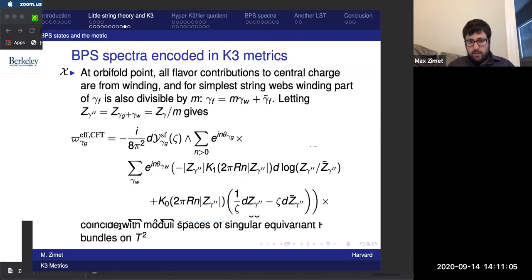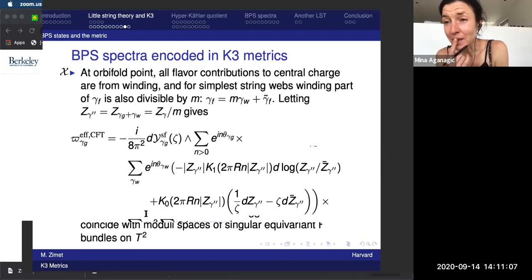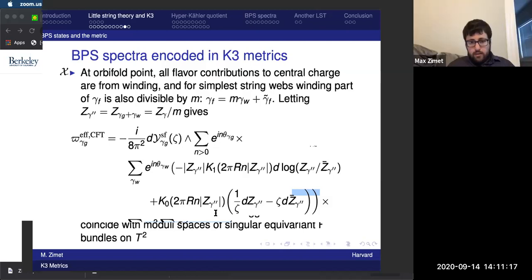My question is whether you're already reproducing some K3 metric formula that had been known before, not from physics, not from Ooguri-Vafa, but earlier, or whether everything is new.